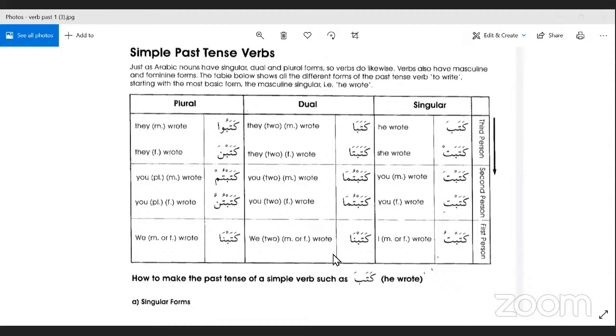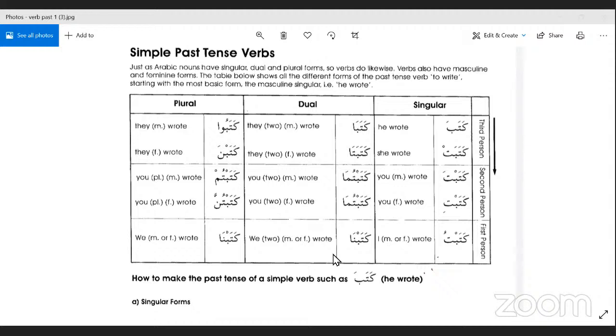Katabat, she wrote, singular. Katabata, they two female wrote. All of the letters have a fatha. Correct.